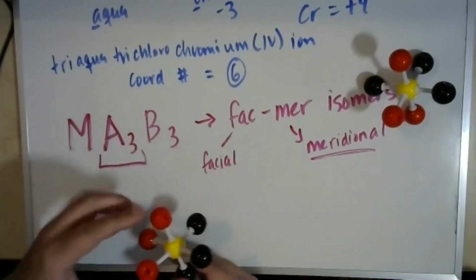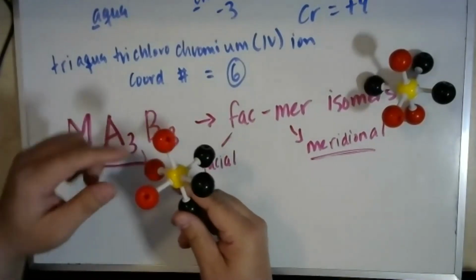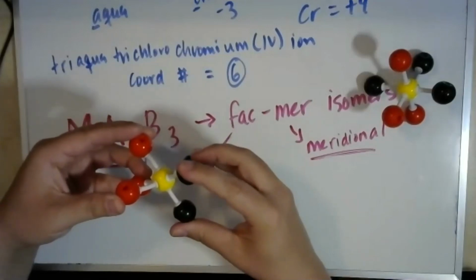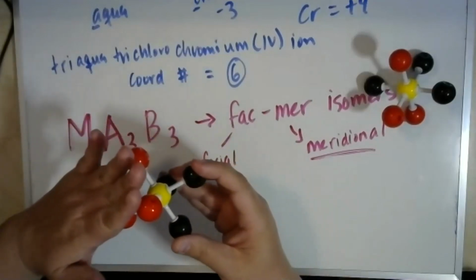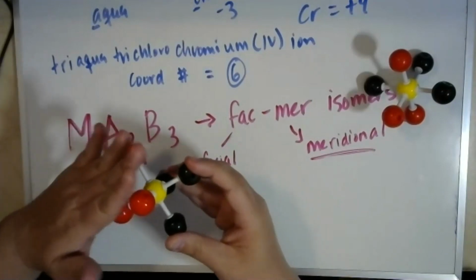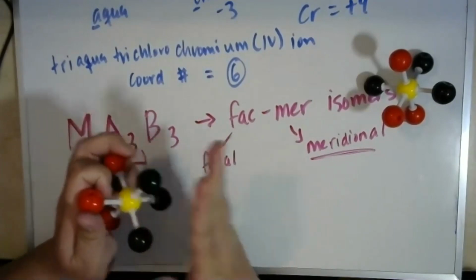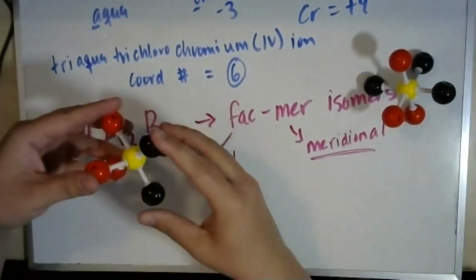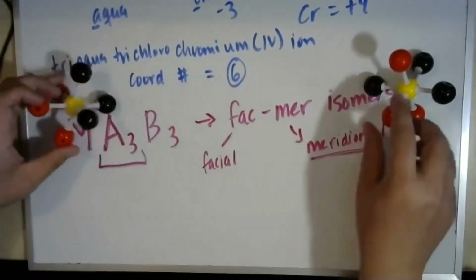It doesn't matter whether you're calling these the chlorines or the waters, right? But all 3 of these ligands are grouped on one side and all 3 of the other ligands are grouped on the other side. So one face of your octahedron is just going to be, I don't know, chlorines. The other face is going to be the waters. All right. So you're going to see the cluster of 3 each next to each other for the fac isomer.